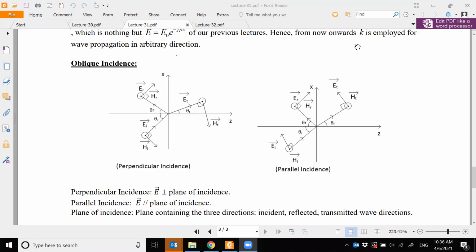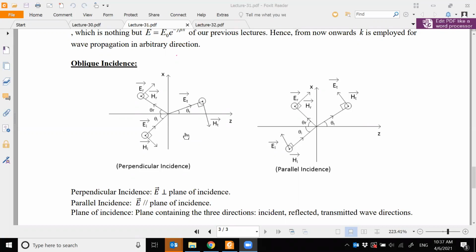So in summary, for any field which has three components, if I find the tangential components and normal components to the plane of incidence, then they will go into these two categories. The tangential components will go into the category of parallel incidence, and the components normal to the plane of incidence will go into the perpendicular incidence.